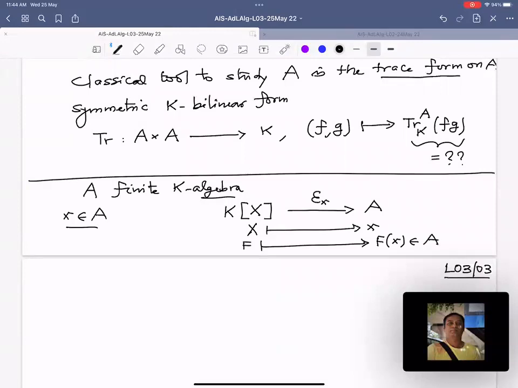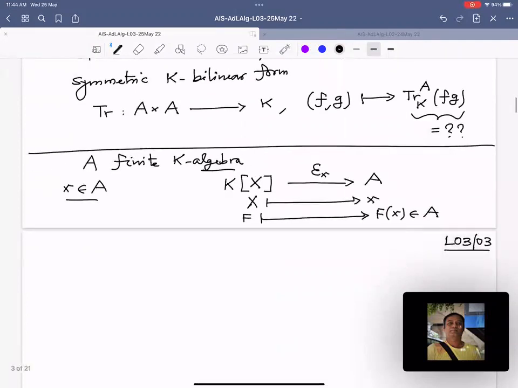And the kernel, obviously it will have non-zero kernel. Kernel of this evaluation map is definitely non-zero since A is finite dimensional over K, so this evaluation map cannot be injective.